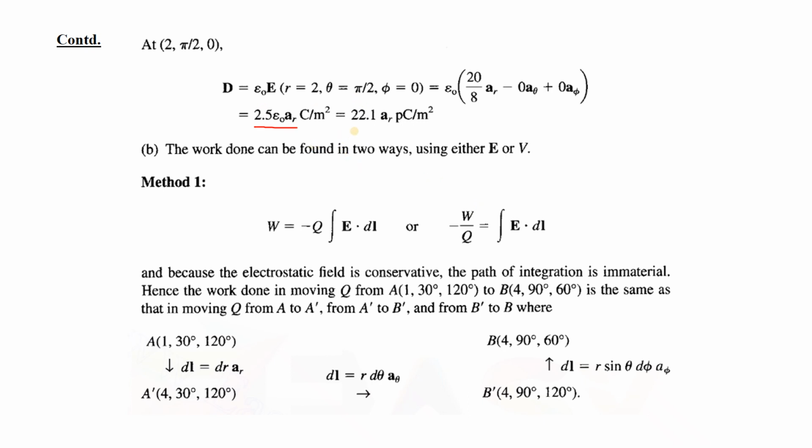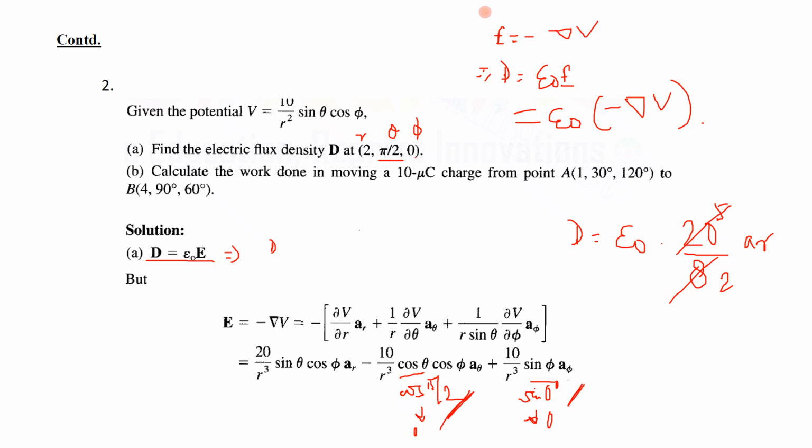Then this one you can see is 2.5 coulomb per meter square, then multiply with epsilon naught, then you will get this answer. It becomes pico, because epsilon naught is 8.854 into 10 to the minus 12 farad per meter. So you get this answer.